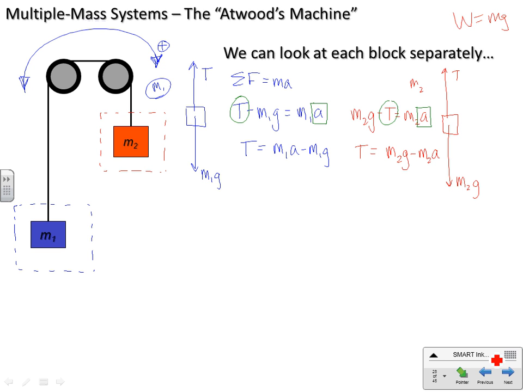Make sure you follow the algebra. Since these tensions are the same, this expression and this expression are equal to each other. So I will write them as M1a minus M1g equals M2g minus M2a.